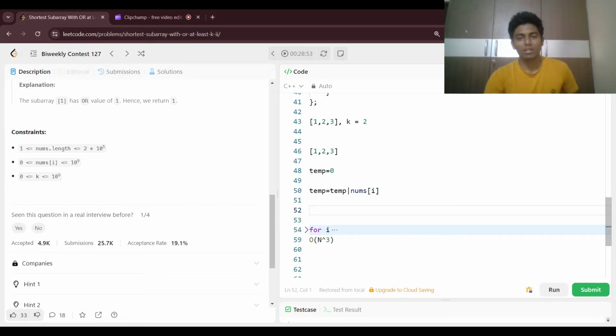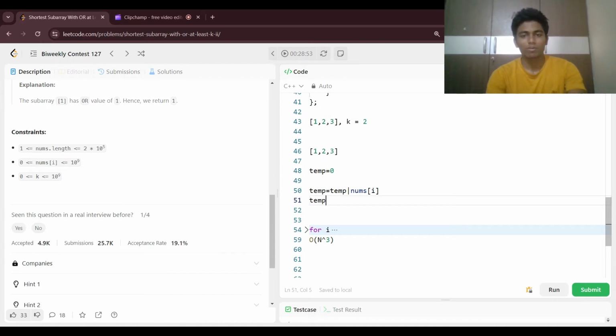Now when I try to do this, whenever the temp is less than k, I insert this particular 2 into the temp, and then the temp becomes 3.